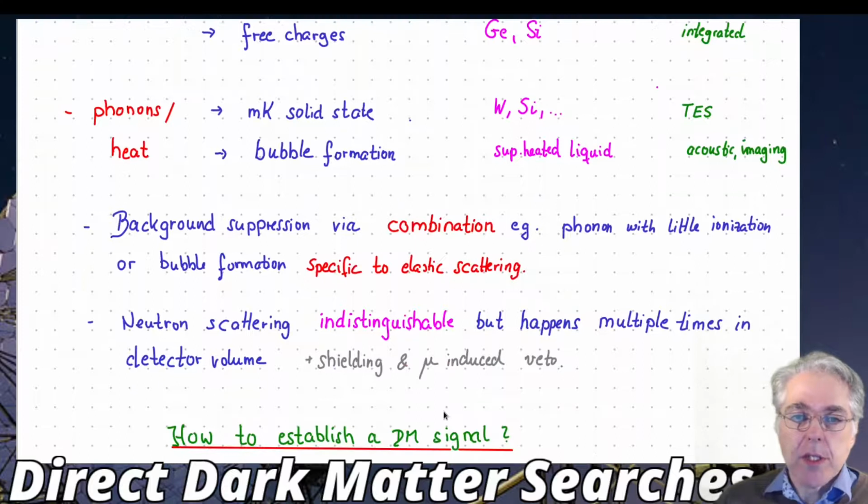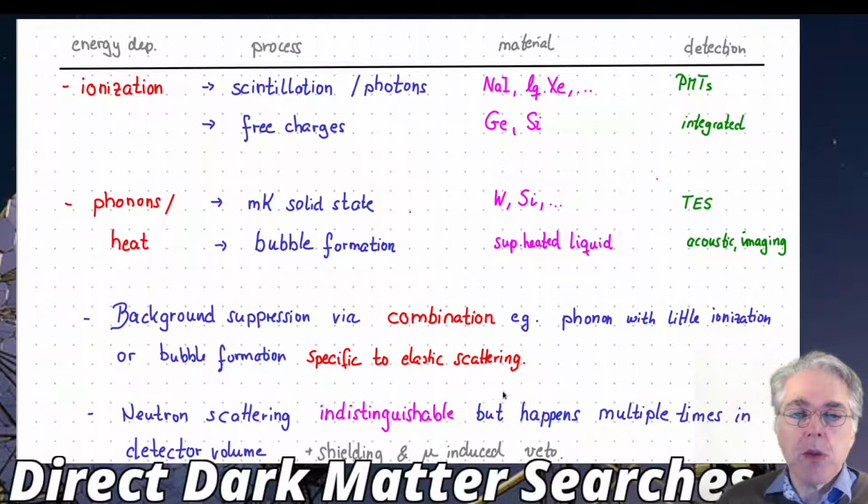The key to a successful operation is not only the active suppression of backgrounds coming from the outside and control of the radio purity of the setup. It's also important to make sure that the beta and gamma signatures can be separated from the nuclear recoil.